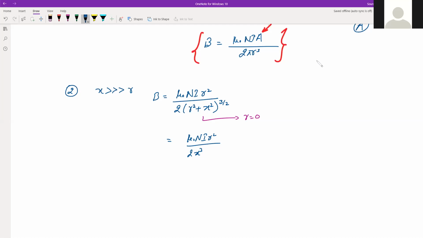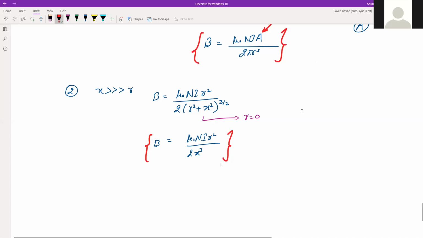So that is the magnetic field at a point where the distance of the point from the center of the coil is very large as compared to the radius of the coil.